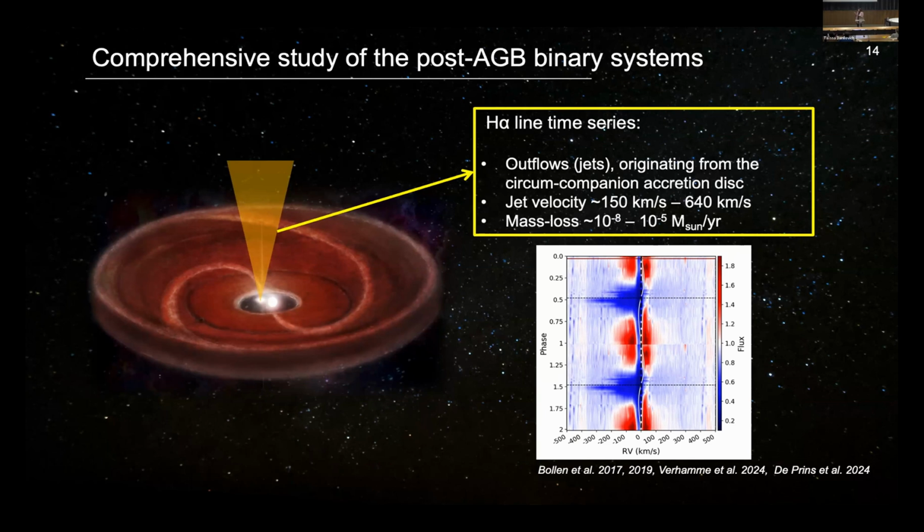The velocities on the x-axis denote the radial velocity shift from the systemic binary velocity, and the y-axis represents the orbital phase. Recent studies of H-alpha line time series demonstrated that the jets in post-AGB binary systems are generally wide and have outflow velocities of the order of hundreds of kilometers per second. It was also shown that post-AGB binary jets are comparable with outflows of young stellar objects in terms of size as well as speed.